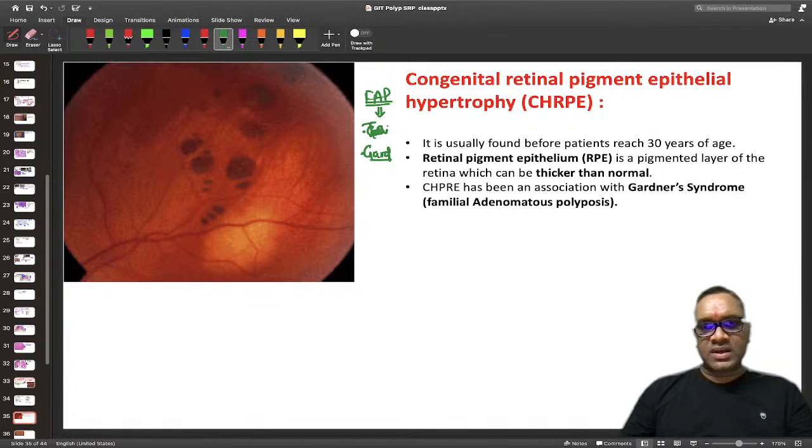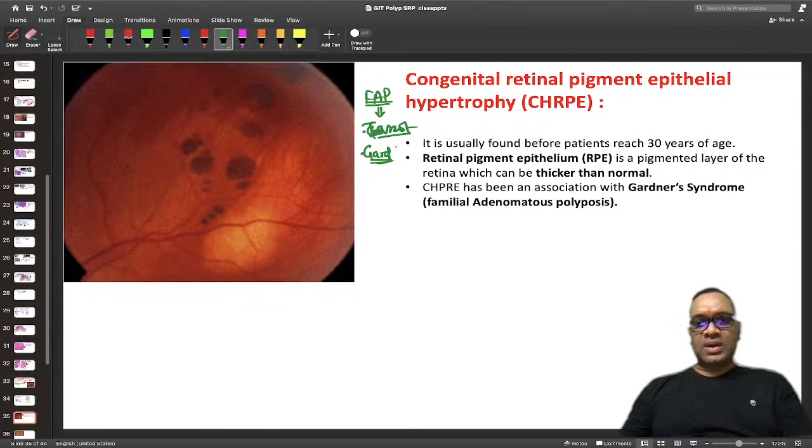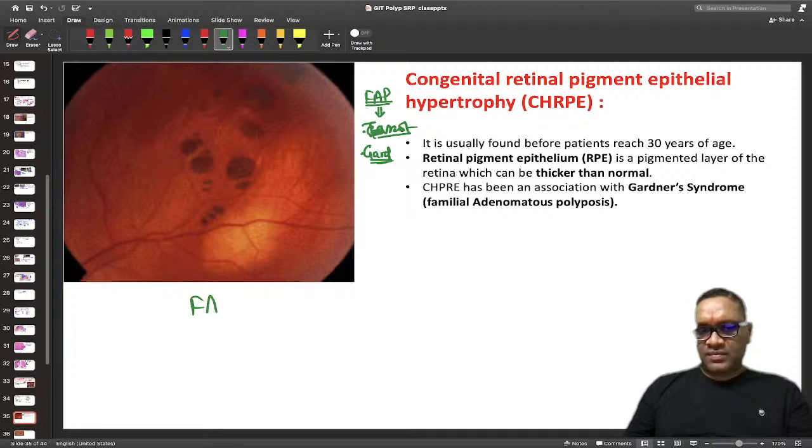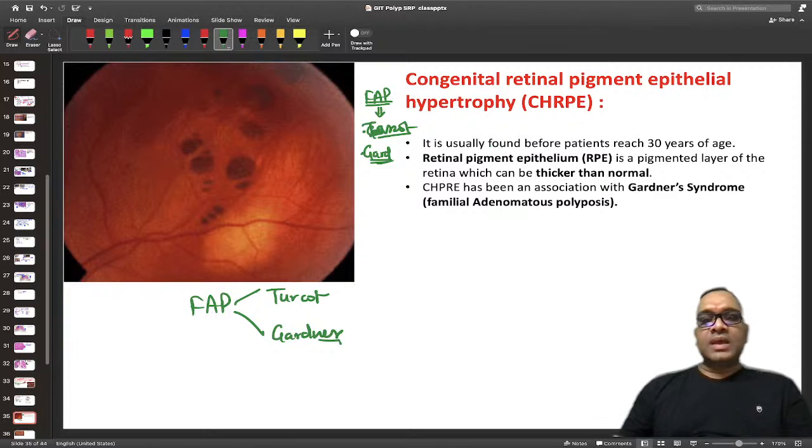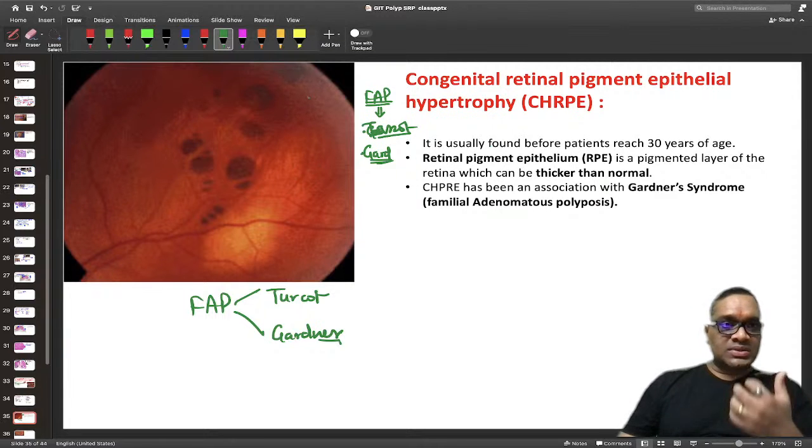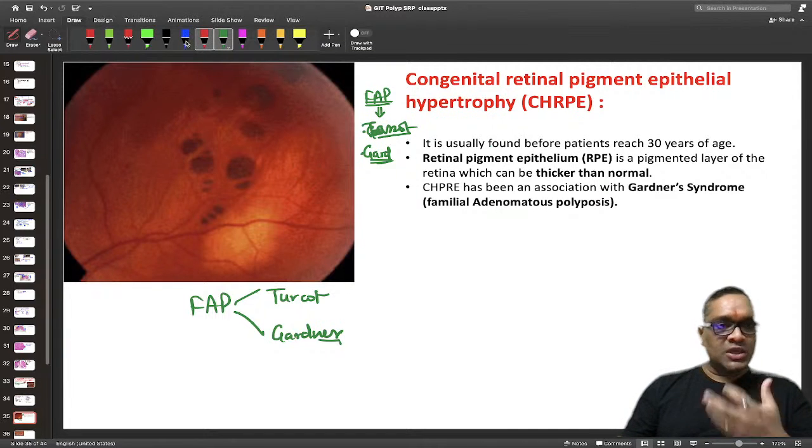These are the two syndromes which are associated with FAP.